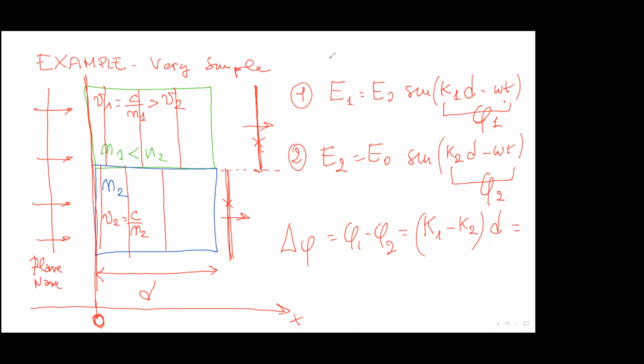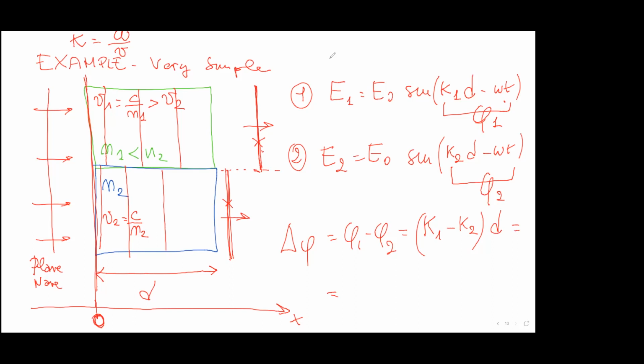And this can be written, if you remember the definition of k, as omega divided by the propagation speed.